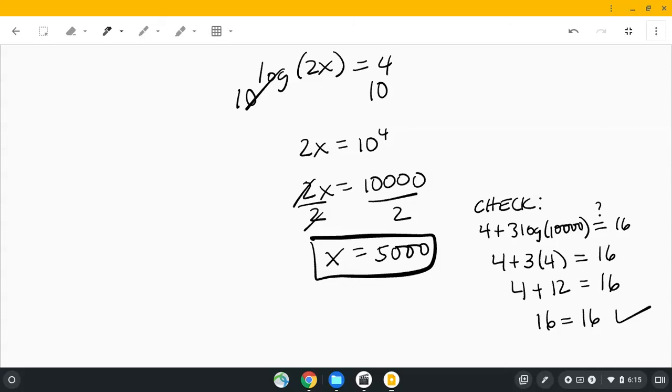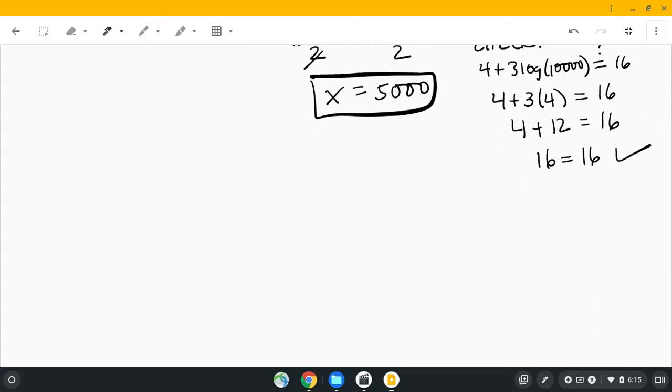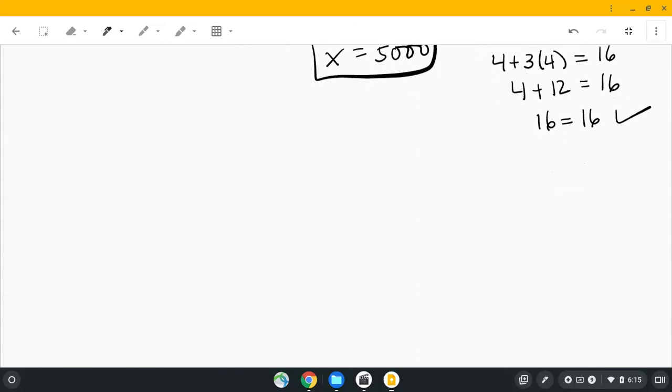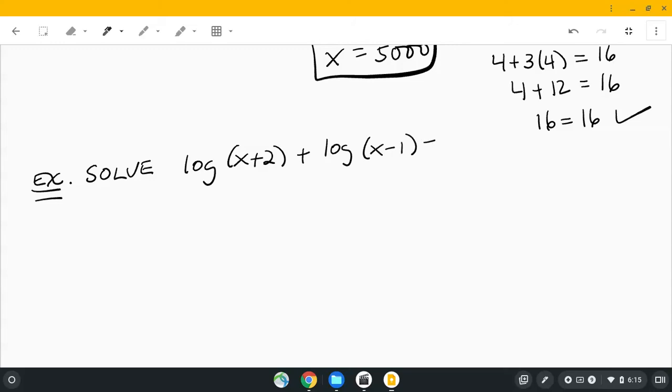Okay. And let's take a look at this next one. Log x plus 2 plus log x minus 1 equals 1. Okay.